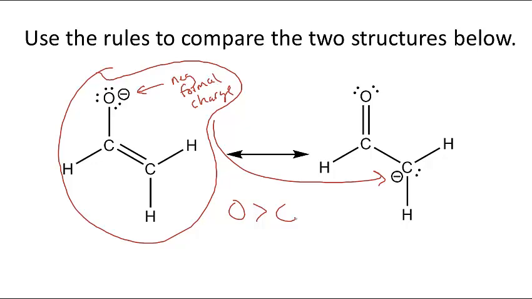So oxygen, due to its stronger electronegativity, is more capable of holding on to that extra electron than carbon would be. But as you can see, all the octets are filled. It's just this one is more stable.